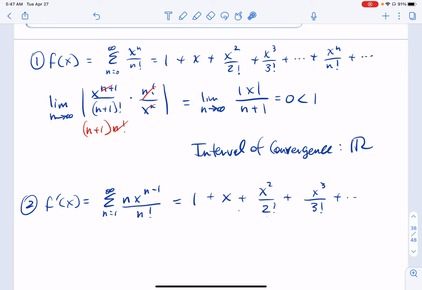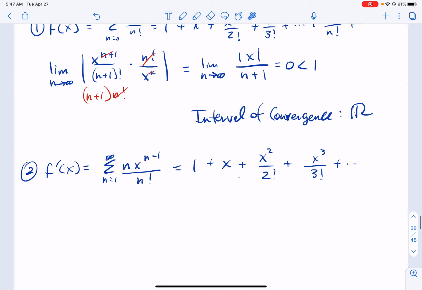Now, this also means that you could rewrite this index. You could essentially just translate the whole thing to the left 1 unit. But before I do, I'm going to fix this n over n factorial, because it's both the same variable, n.